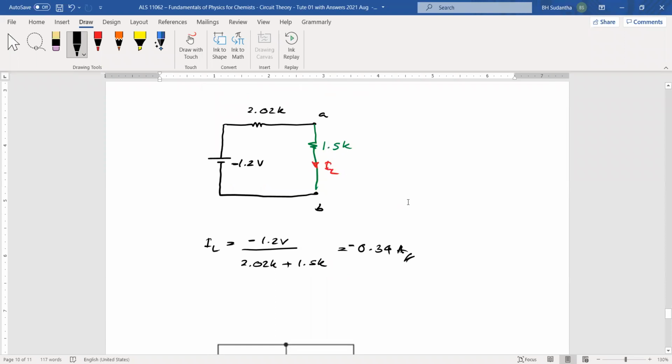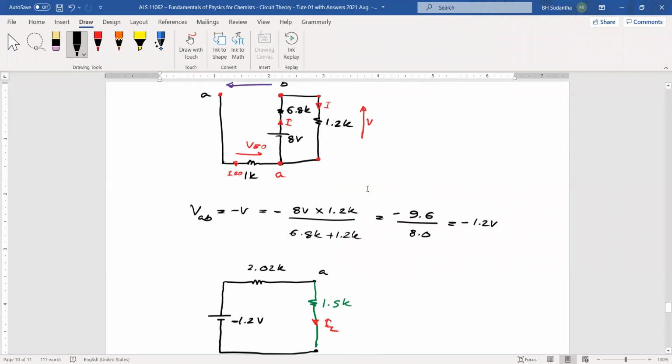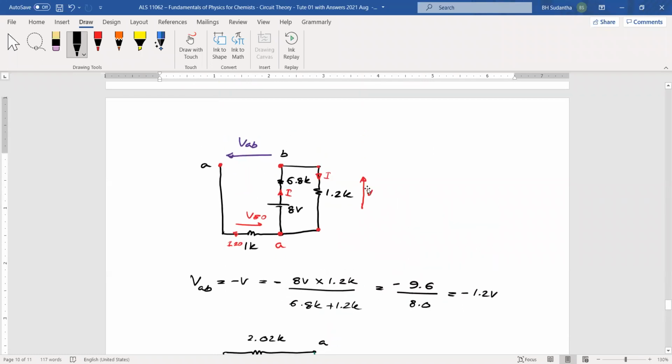So it should be minus 0.34 because the voltage is minus 1.2. If you take the voltage across the 6.8K resistor, it's a part of VAB. Across this one we have one voltage this way, and here also we have this voltage this way.